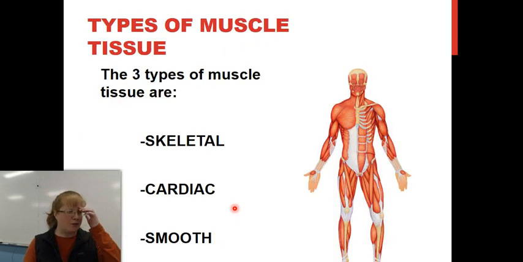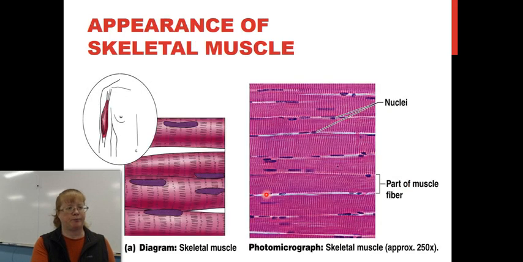So there are 3 kinds of muscle tissue, and I'm not going to spend a lot of time on this because this is kind of a review. But remember, we have 3 types of muscle tissue: your skeletal muscle tissue, your cardiac muscle tissue, and then your smooth muscle tissue. So there's certain features that we want to learn for the skeletal muscle tissue.